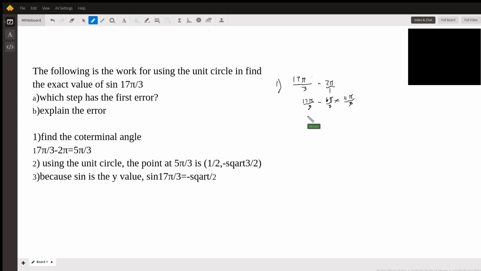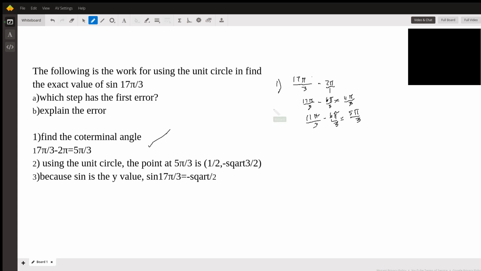I'm going to have 11 pi over 3, and take off another 2 pi, which we know now is 6 pi over 3. And that's going to give me 5 pi over 3. So this is correct. I just wanted to show you why it's correct.